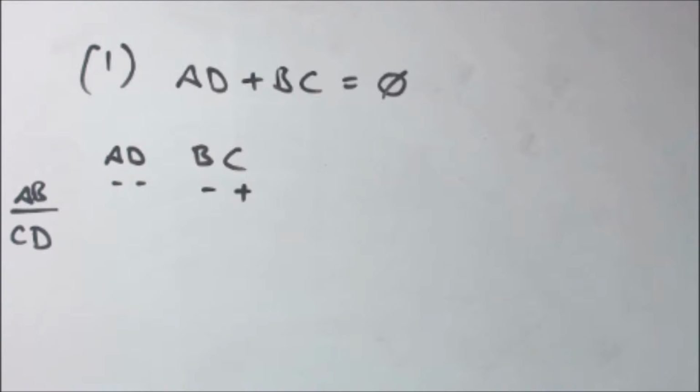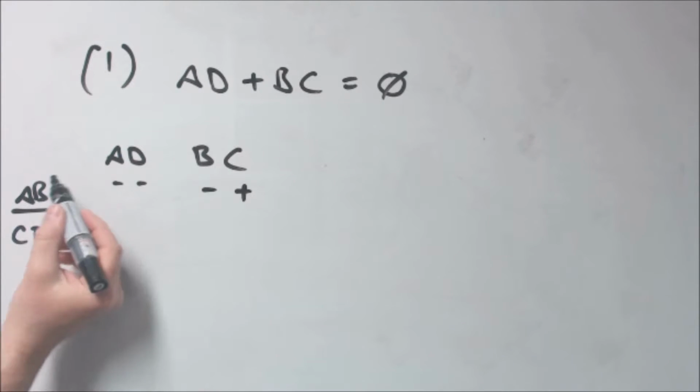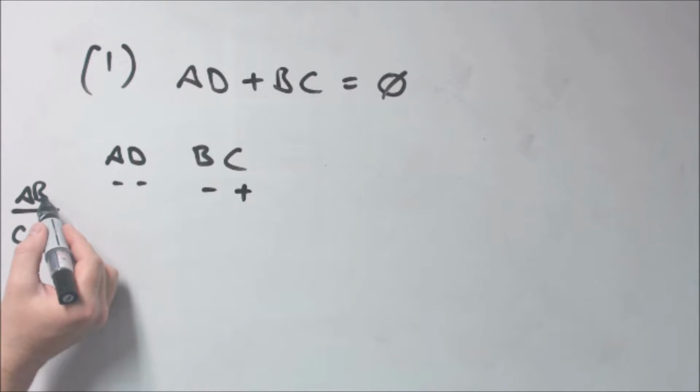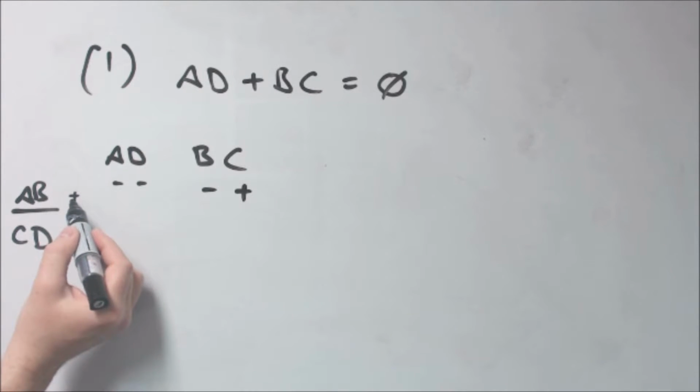So here the goal is when we consider AB divided by CD to start thinking, okay, A is negative, B is negative here, that will give us a positive numerator, D is negative, C is positive, that will give us a negative denominator. And this is the process we're going to go through now for each part.